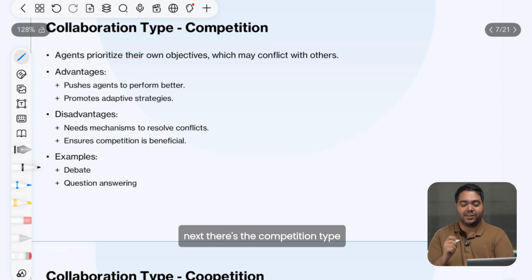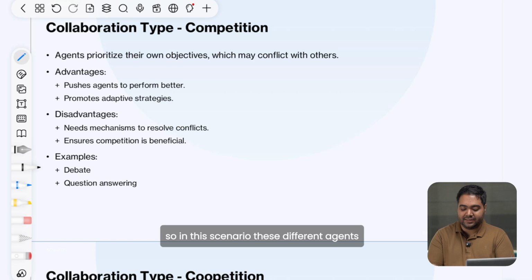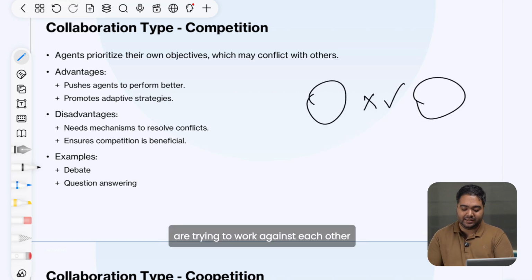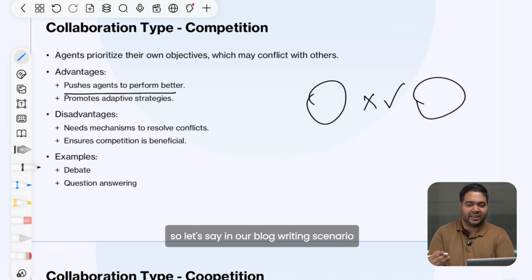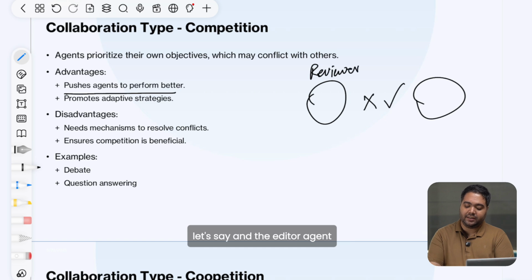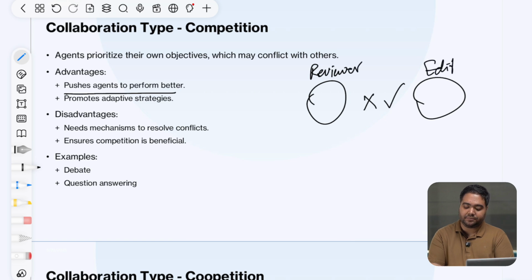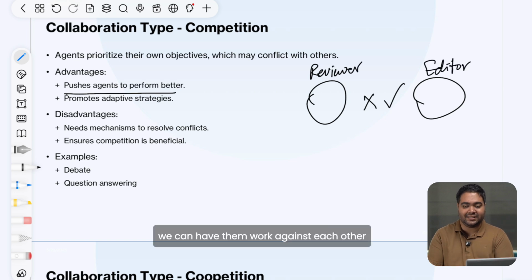Next, there's the competition type. In this scenario, these different agents are trying to work against each other. Now this has a fair bit of advantage because it pushes each of these agents to perform better. So let's say in our blog writing scenario, we had the reviewer agent and the editor agent. We can have them work against each other.